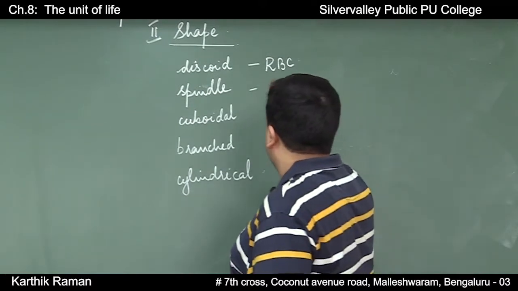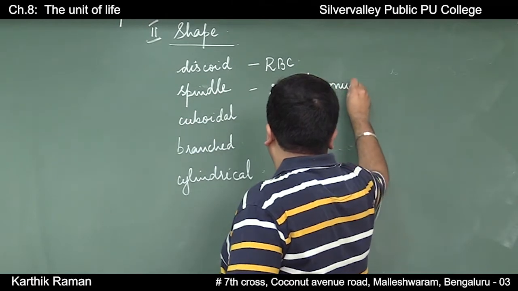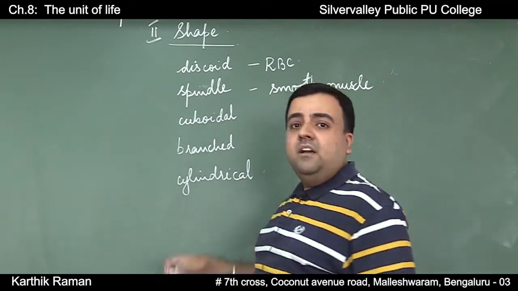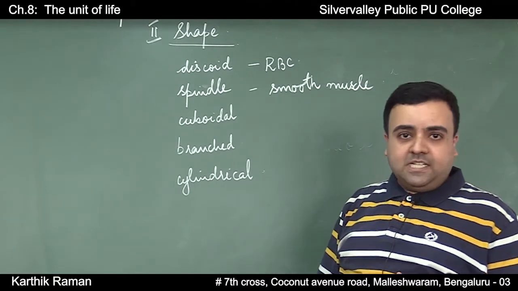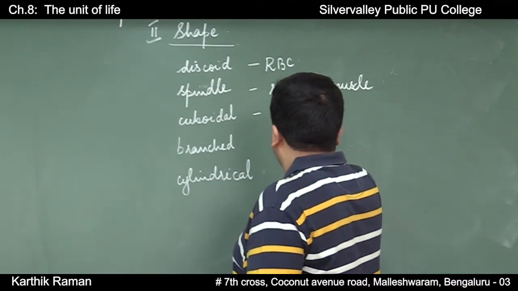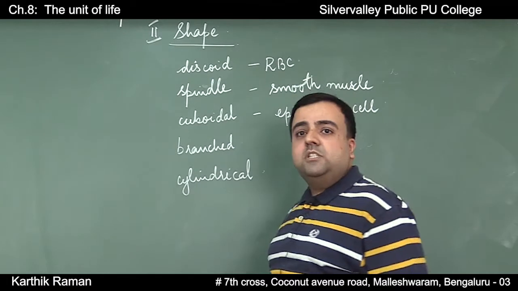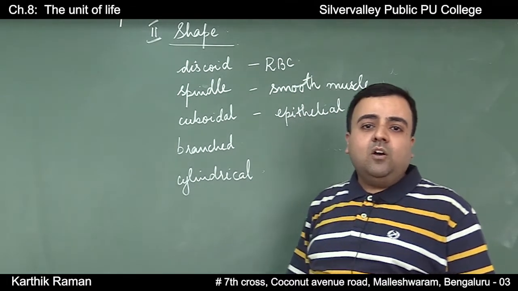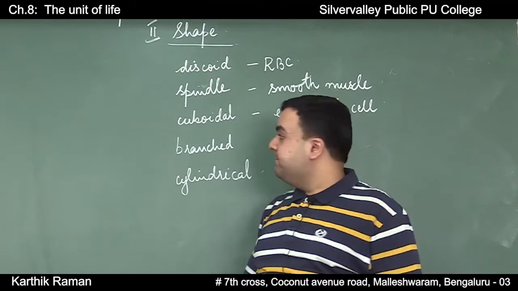Next, spindle shape will be the smooth muscle cell. This is the involuntary muscle that is present lining the esophagus. Next, cuboidal. This is the epithelial cell. This is going to be present in the kidney or in the nephron, and this is going to help in reabsorption.